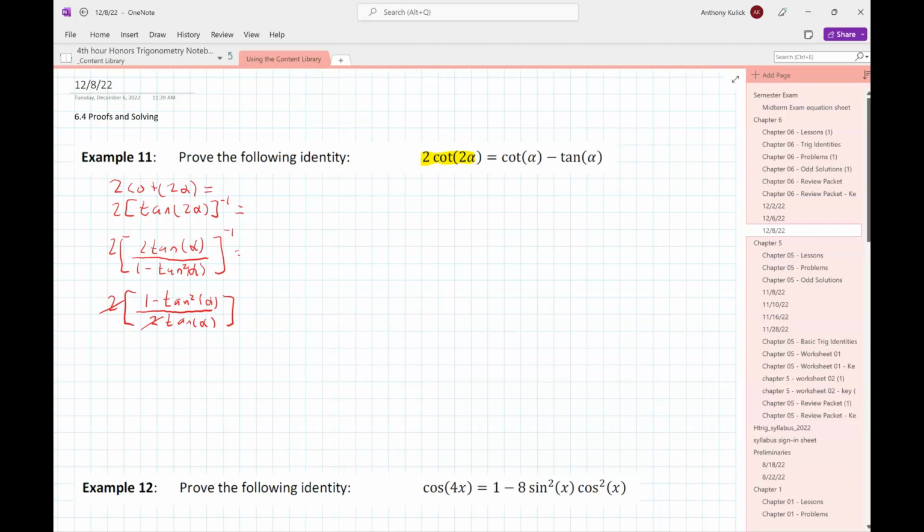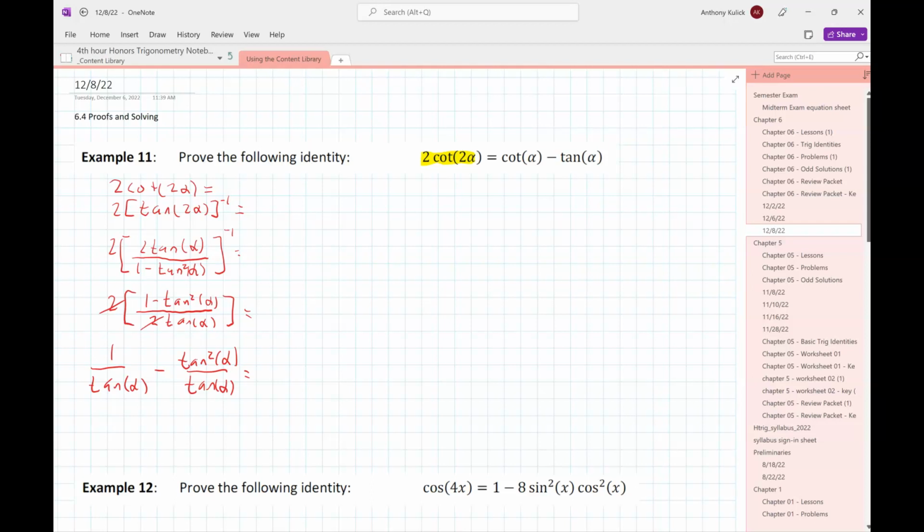And next I'm going to separate this fraction. Notice that my denominator is just a single term, so I can separate this fraction as 2 things with a common denominator, that common denominator being tangent alpha. So I have 1 over tan alpha, and then minus tan squared over tan alpha.